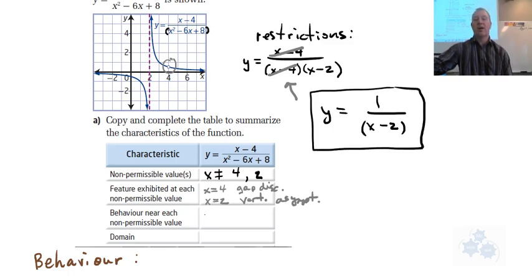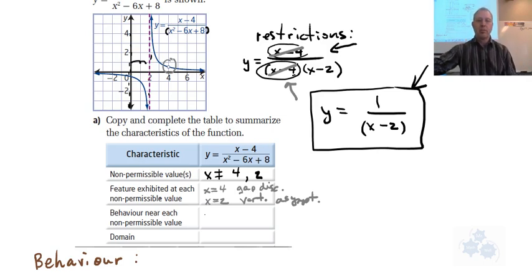It's a 1 over x graph shifted 2 units to the right. So this asymptote that should be at x equals 0 is shifted 2 units over. You see that? But if you just look at this, you wouldn't have any idea if you have any gaps. So that's why you have to notice what the gap discontinuities might be before you simplify, because this x minus 4 is totally gone.